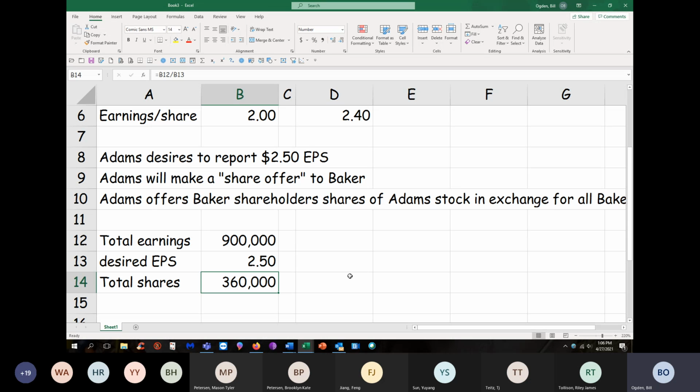All right. We will assume that Adams, well, I should say Baker, will hold out for as many shares of Adams as it can possibly receive. And so I think I noted in the document that you have all these equity capital investors, you have analysts who follow certain companies, and then there are other companies who will contact everybody that's following Adams and say, what's your estimate for their earnings?